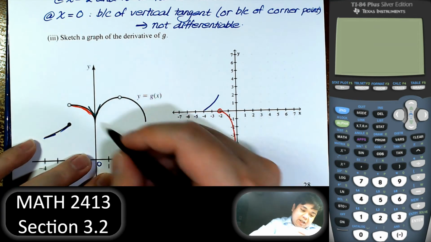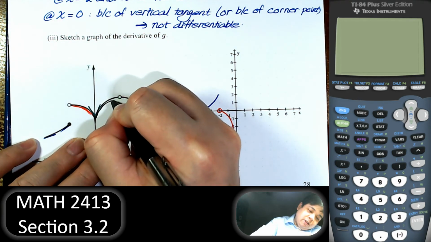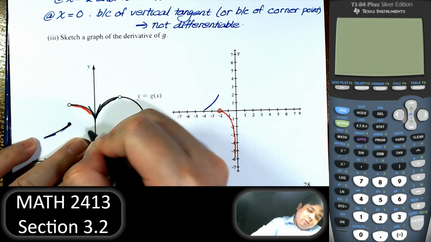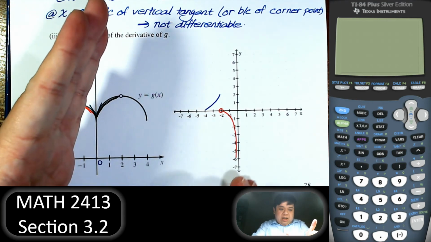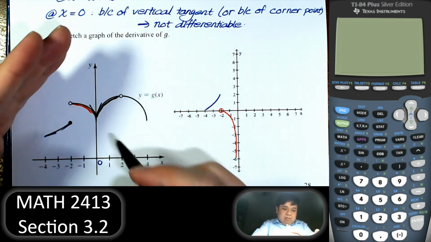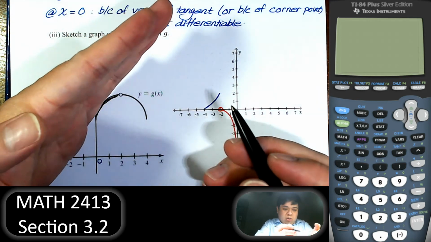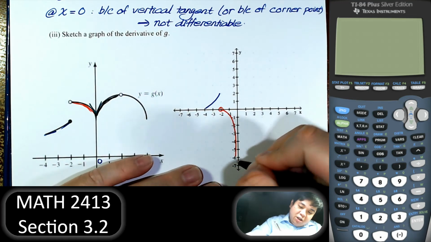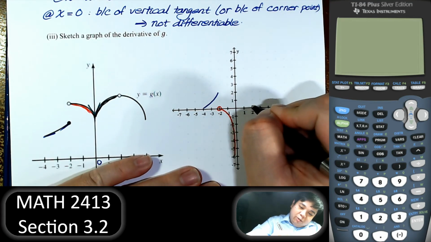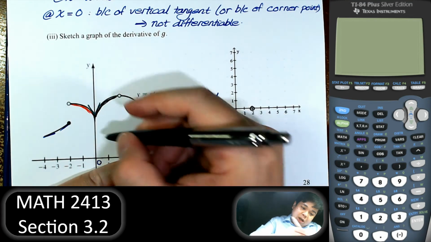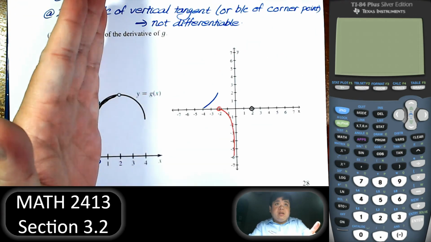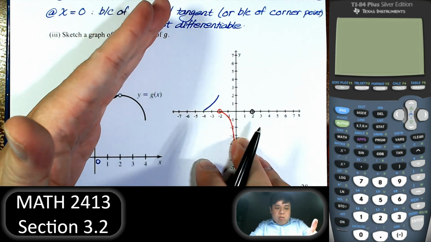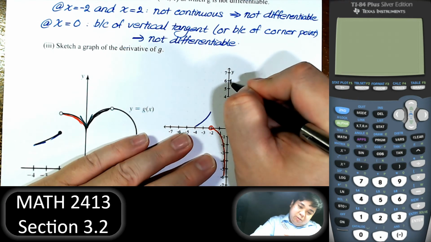And then this part of the graph starts from the vertical tangent, and then gets closer and closer. Eventually it gets almost to the horizontal line, but it's not there. So we start from a very big number and get smaller, eventually going to 0.